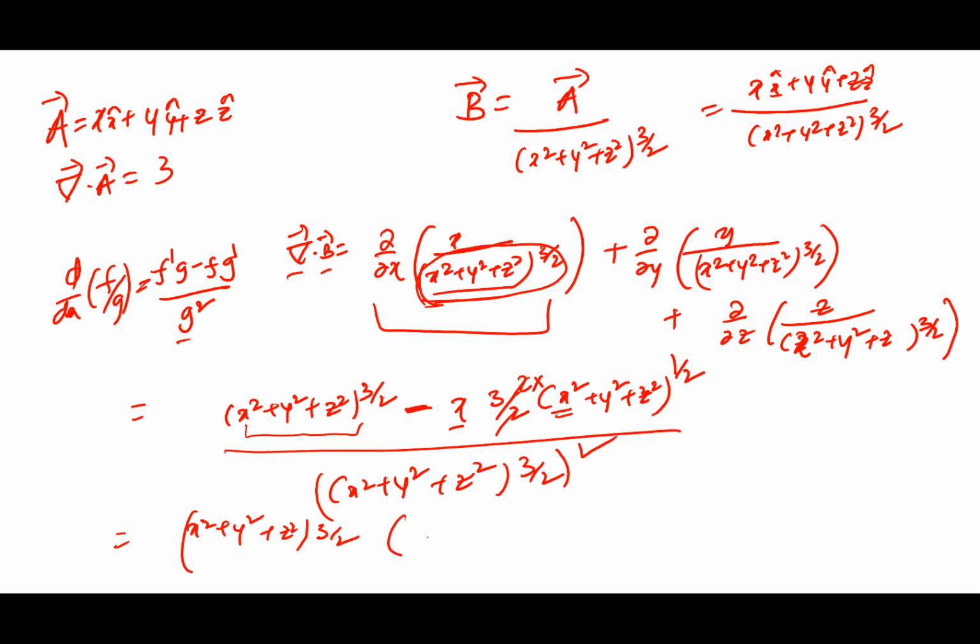Then I'm going to get 1 minus 3x squared, right? And this is pulled out, so I have this much divided by x squared plus y squared plus z squared, right? I'm pulling out half rather. So I have x squared plus y squared plus z squared whole to the power 1 left out there. So then I get, this is cube, right?